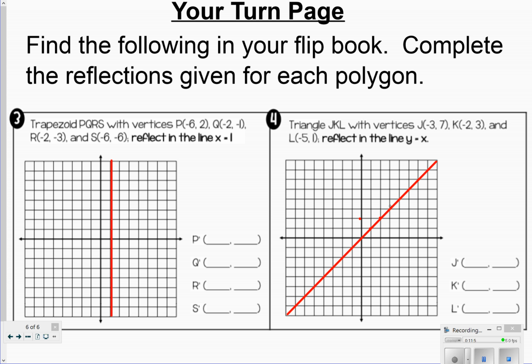So you can see if we plotted points all along this line of reflection right here, we would see that wherever the value of x is, the y would be exactly the same thing. So this is our y equals x line. Okay, and you're going to reflect the triangle JKL. After you place the preimage, you will reflect it over that and give me the new ordered pairs.